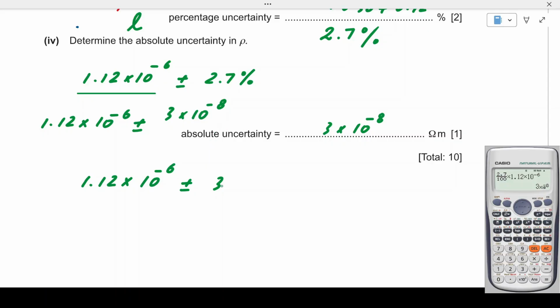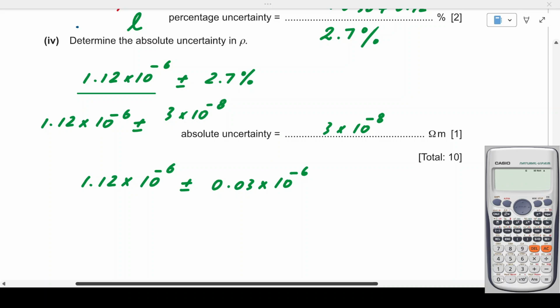Oh, sorry, if I write 0.3, that will be 10 raised power minus 7. If I write 0.03, that will be 10 raised power minus 6, because 0.03 into 10 power minus 6 is same as 3 into 10 power minus 8.